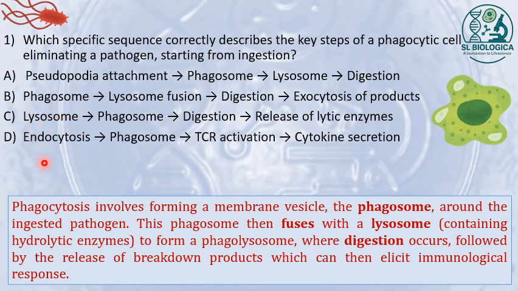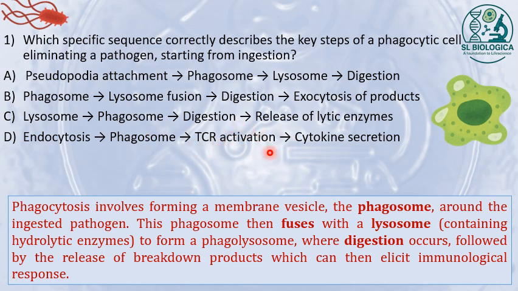However, let's also discuss the other two options. C starts from lysosome, then phagosome, digestion, then release of the lytic enzymes. So this is not how phagocytosis happens. It never starts from the lysosome. And the last option starts from endocytosis, then phagosome, and then TCR activation. So this is also not the correct sequence.